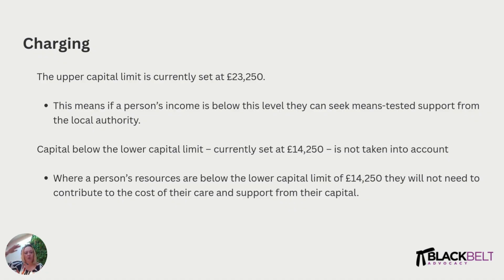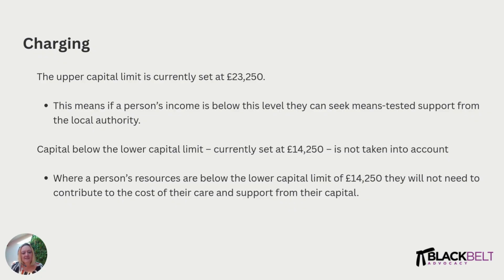And then, if you think about it, the upper limit is £23,250, the lower limit is £14,250. So anything in between that, you will pay some. If your income is below £14,250, then you're not asked to contribute, and the local authority will cover the costs.